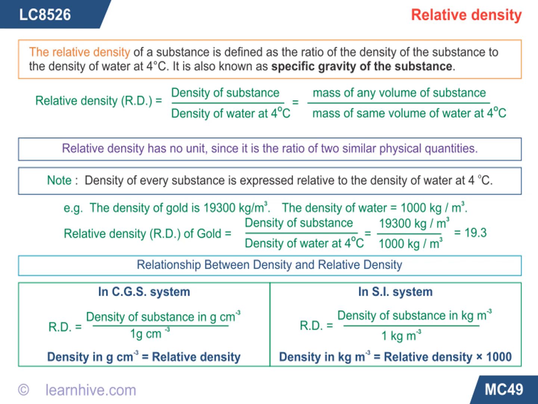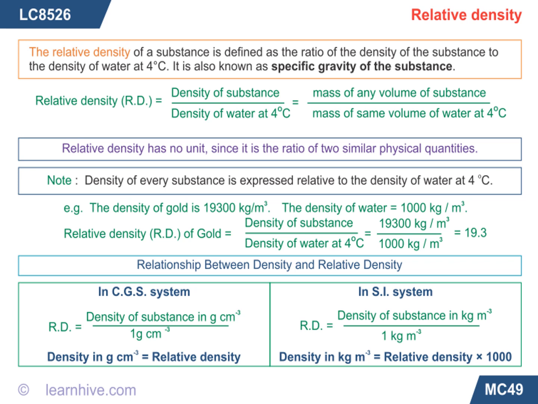Relation between the density and relative density. What is the difference? CGS system: density of substance in gram per centimeter cubed, 1 gram per centimeter cubed. SI system: density of substance in kilogram per meter cubed, 1 kilogram per meter cubed.